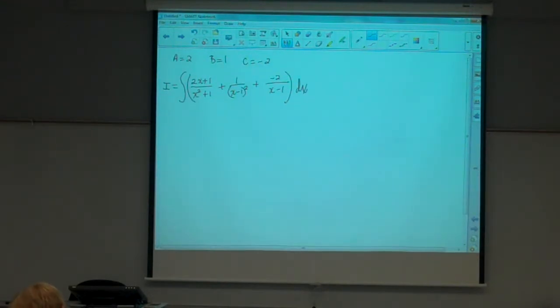Everybody agree? And do you follow that all I did is put those in the place of A, B, and C? I literally erased the A, erased the B, erased the C, and put those in, didn't I? Okay? Now we've got to try to integrate those.